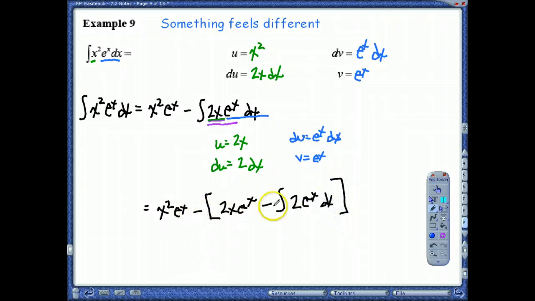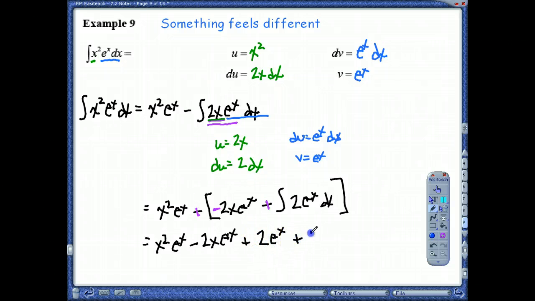Remember, all of that negative is coming through there. I'm going to go ahead and distribute that negative. So negative there, positive there, and now I get to go ahead and integrate. I have my x squared e to the x minus 2x e to the x plus that integral, which would be 2e to the x.